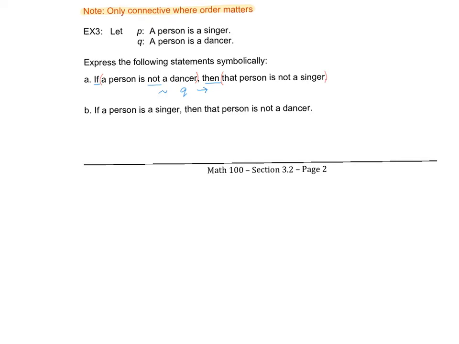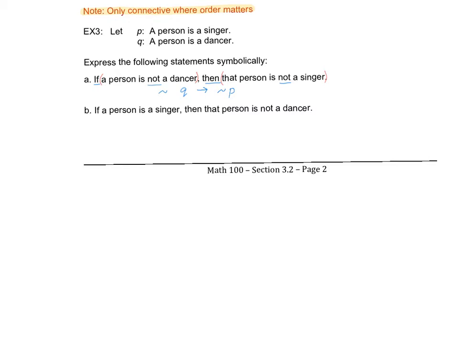So remember, a person is not a dancer, that's our if portion, it comes first. Then is where the arrow goes. That person is not a singer, so I have a not in there. This would be not P. So if not Q, then not P.